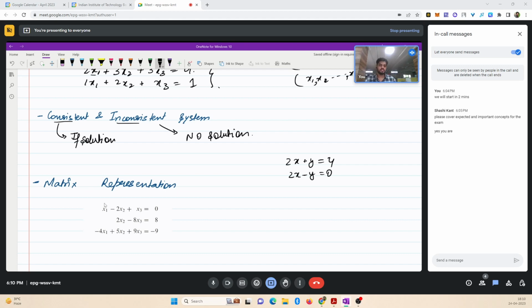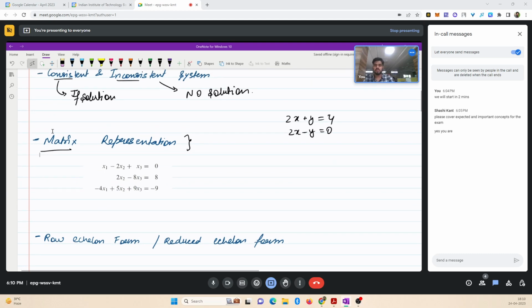In those kinds of cases, you look towards matrices. If you represent a system of equations in a matrix, then you can use all the theory related to matrix algebra to infer whether your system is consistent or inconsistent.